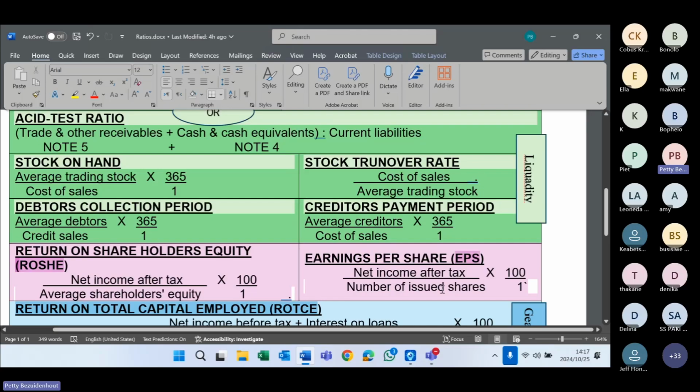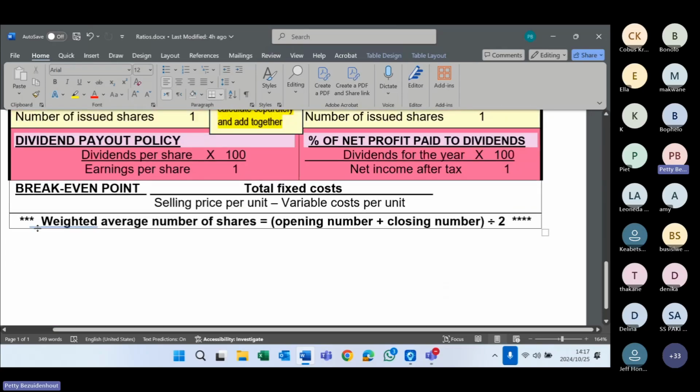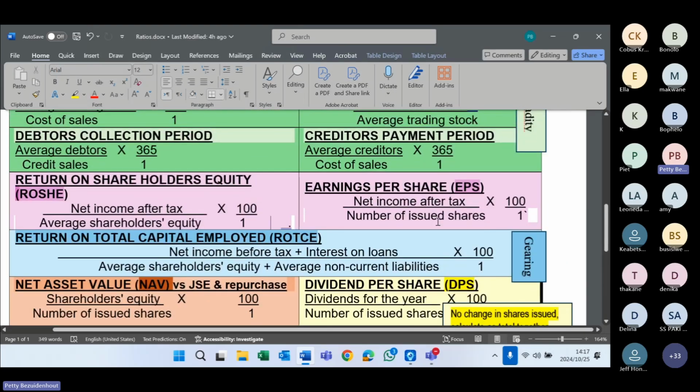Now, for this one, at the bottom, remember this weighted average number of shares. We have to apply it on EPS, because we can't just use the number of shares at the end of the year, because then it's at a certain point in time, and the directors can manipulate this one by maybe repurchasing some of the shares on the very last day. The profits will remain the same amount, but then the shares will be less, and it will present a higher EPS to maybe keep the shareholders satisfied.